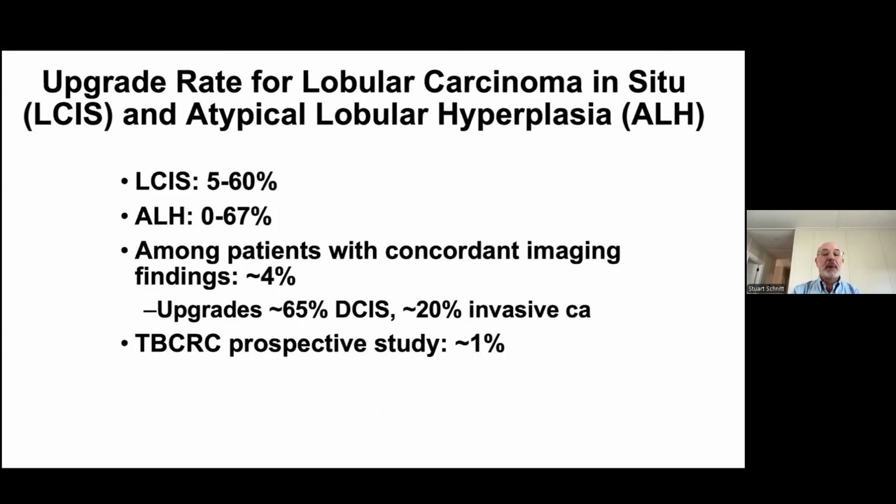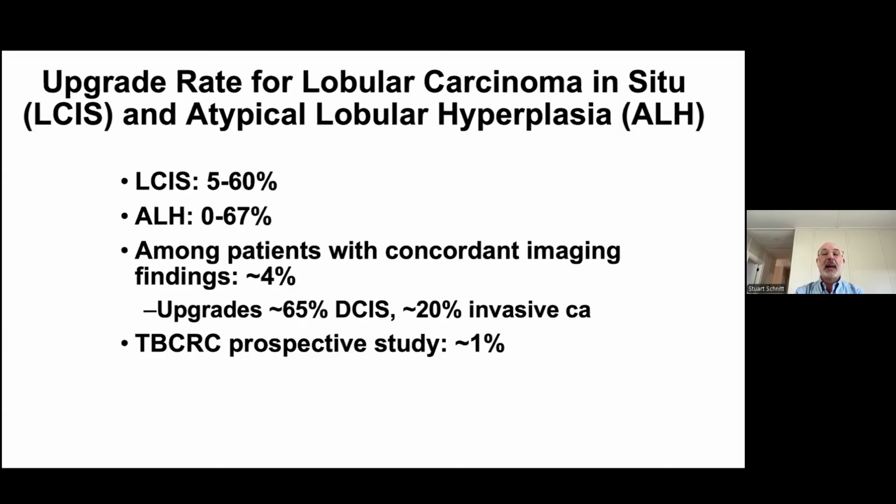In a study done by one of the surgeons in our group, Faina Naklis, through the Translational Breast Cancer Research Consortium, otherwise known as the TBCRC, this was a prospective study of upgrade rates of lobular neoplasia on core biopsy in women with concordant imaging findings. And in that study, the upgrade rate was extremely low.